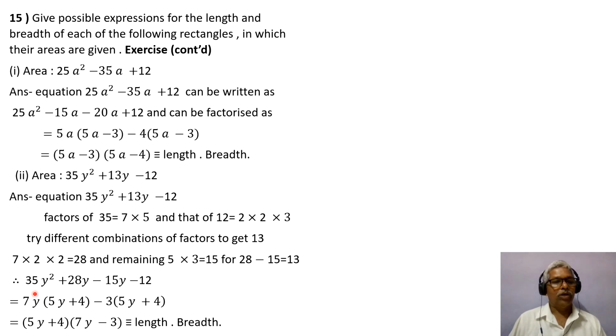Now here I am taking 7y common, so in the bracket 5y plus 4, and here minus 3 common, so in the bracket 5y plus 4. Now 5y plus 4 is taken common, and what remains in the bracket is 7y minus 3. This corresponds to length into breadth. So this is your answer.